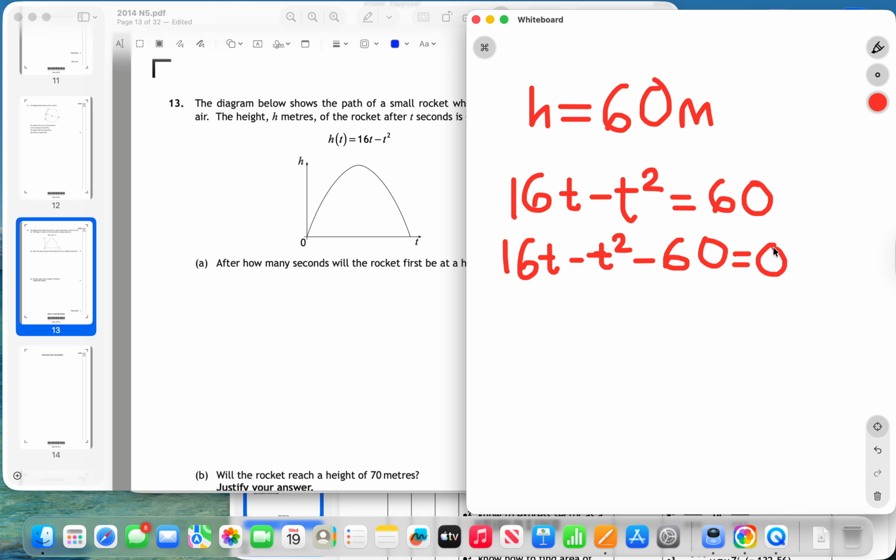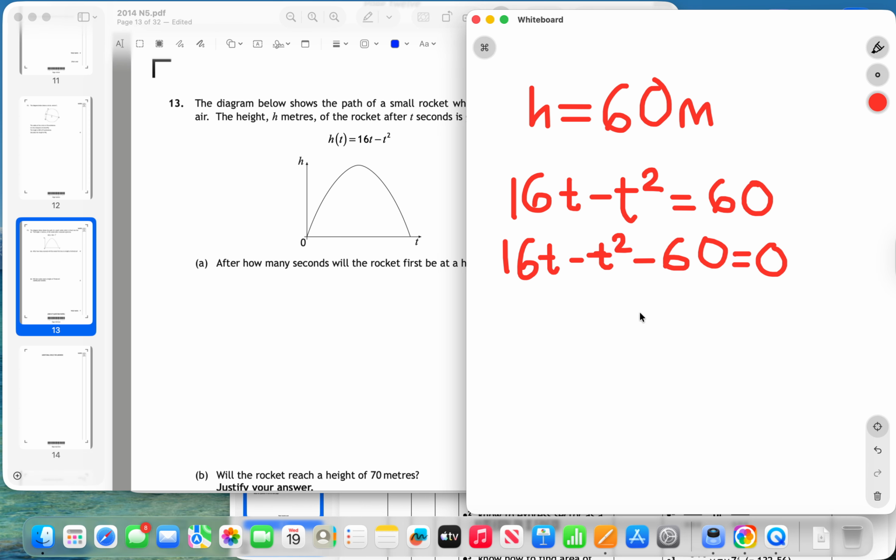And we get this. Now, it's a bit hard to solve a quadratic equation if you've got the negative coefficient of t squared. So what I want to do is make that a positive. So we're going to change minus 1 into 1. So if we multiply the left hand side by minus 1, we then can multiply the right hand side by minus 1, which is 0 still, and we can then rewrite the equation.